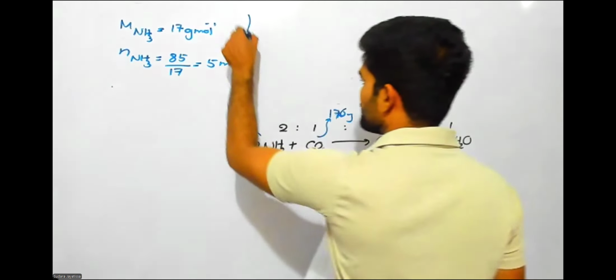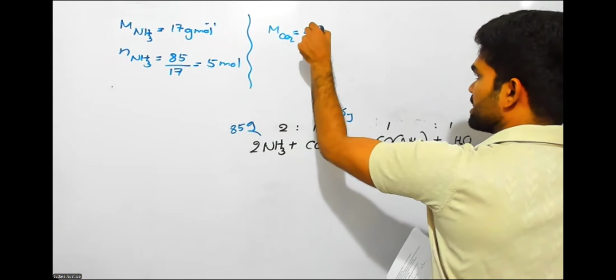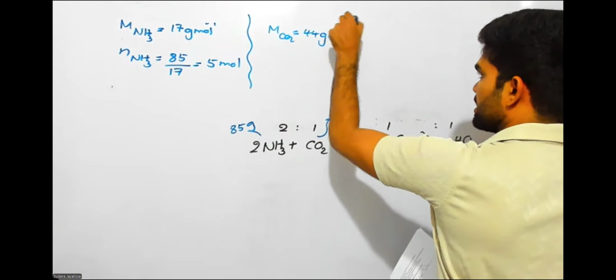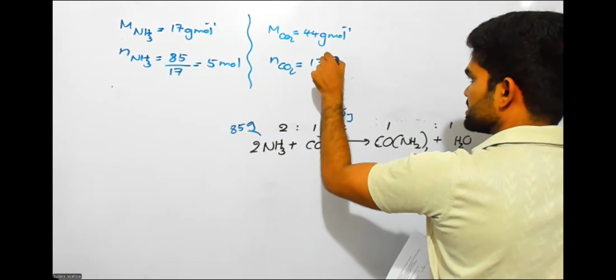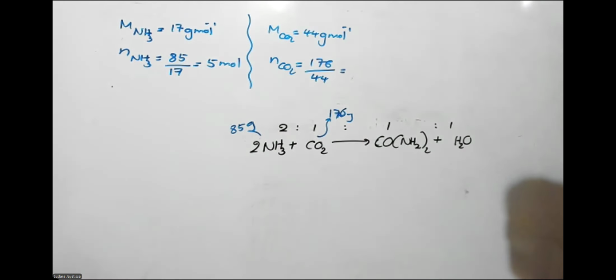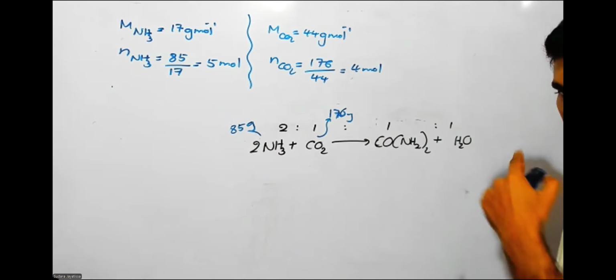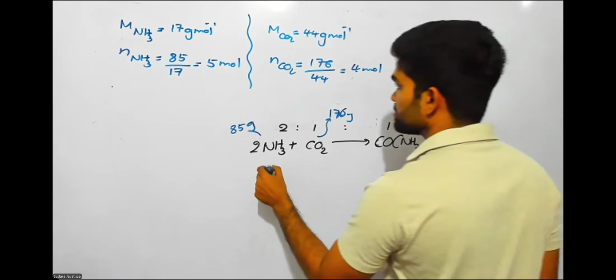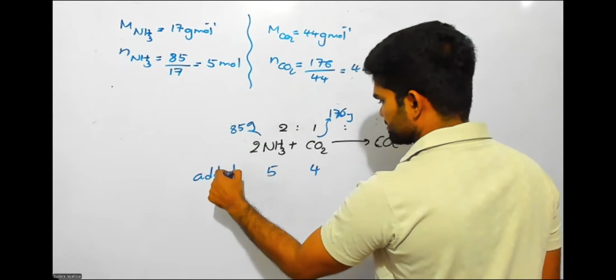Molar mass of carbon dioxide, you know it is 44 gram per mole. Divide 176 by 44, so 4 moles. Normally they are giving numbers that divide evenly. So these are the added moles.